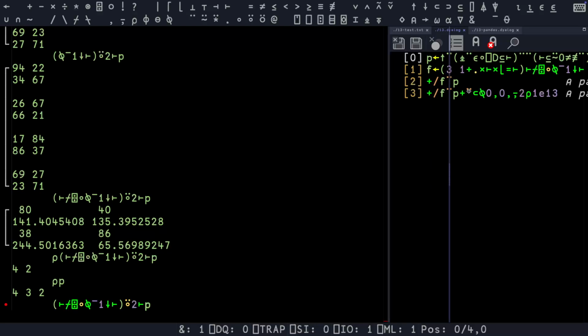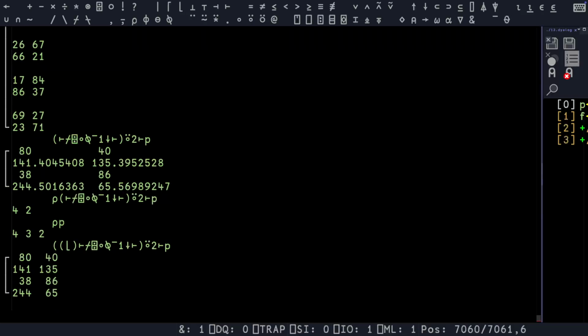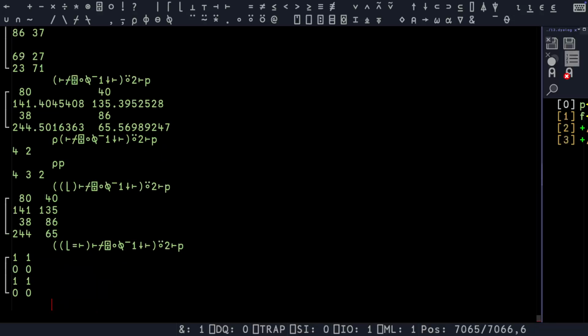Oh, yeah, that's right. I start another train. Okay, so we're going to start another train here, and we are going to floor our matrix, right? So this is basically turning all of them into integers, and we can just see which ones are equal to the original input.